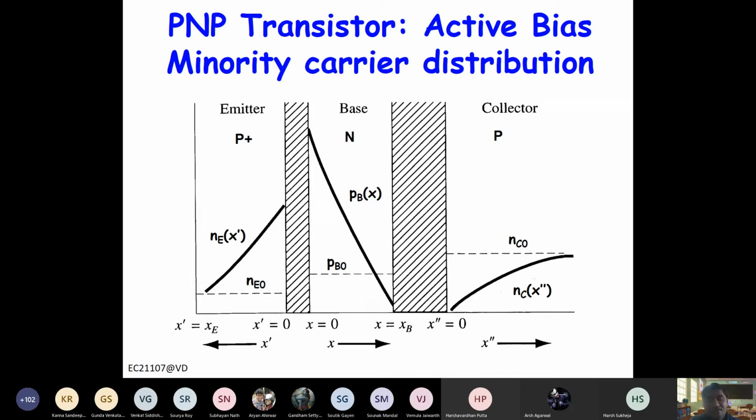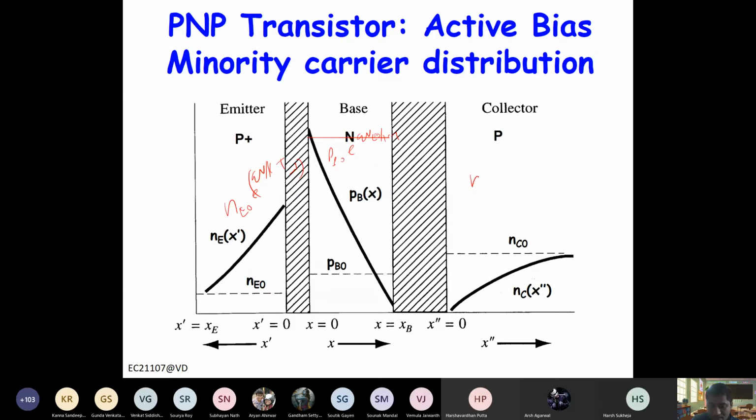Now this concentration value is given by Ne0 exponential qV by kT, right? And if you want to write delta n, then you put minus 1 here. Similarly, this is Pb0 exponential qVEB by kT, right? And if you take the difference, the delta p, then you add minus 1 there. You can write a similar expression for the collector.